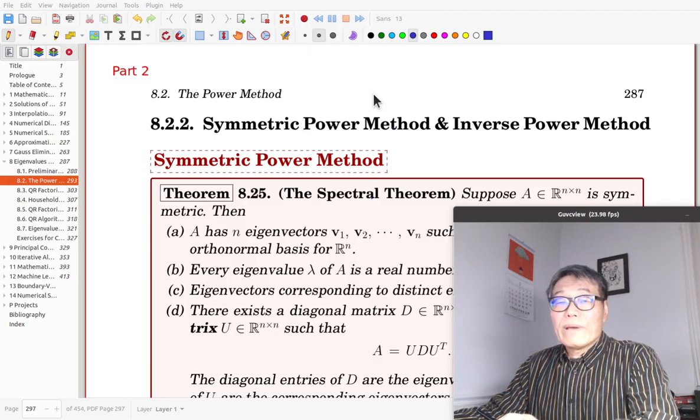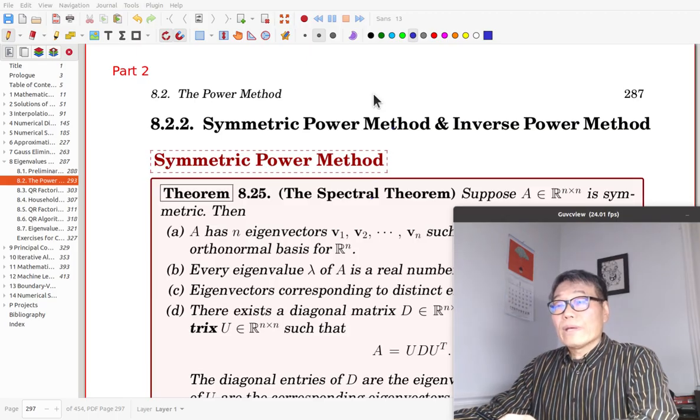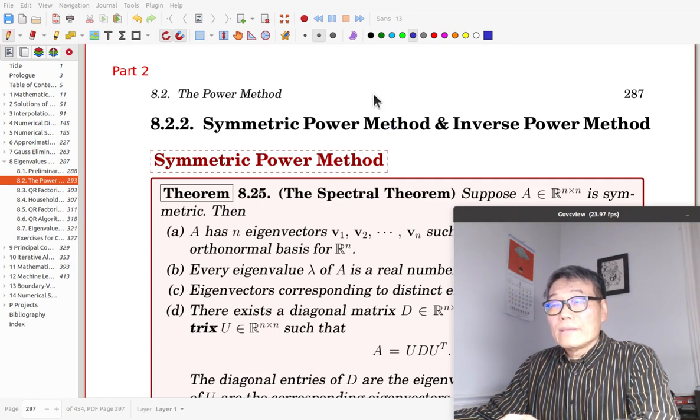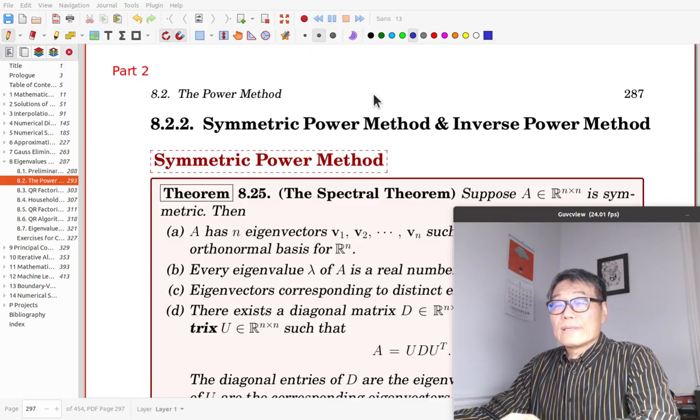The symmetric method is for eigenvalues of symmetric matrices, while the inverse method is for eigenvalues near a prescribed number. Let's see details, beginning with the symmetric method.